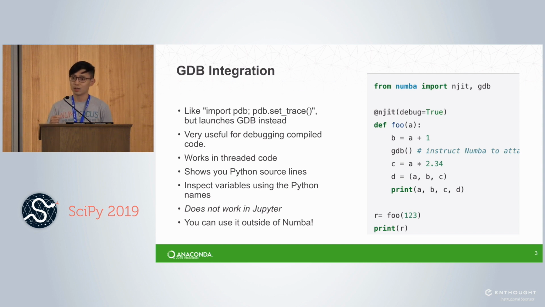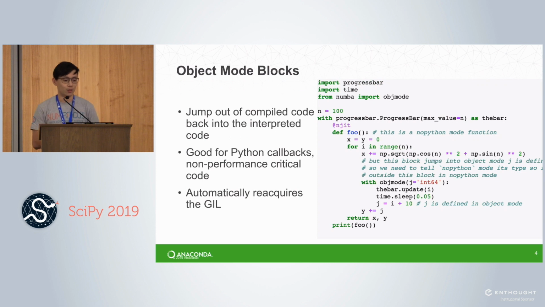It attaches the GDB process to your Numba jitted function. From there, you can just step over your source code. With a caveat that because of LLVM optimization, you will see it jumps around because the instructions get reordered for optimizations.